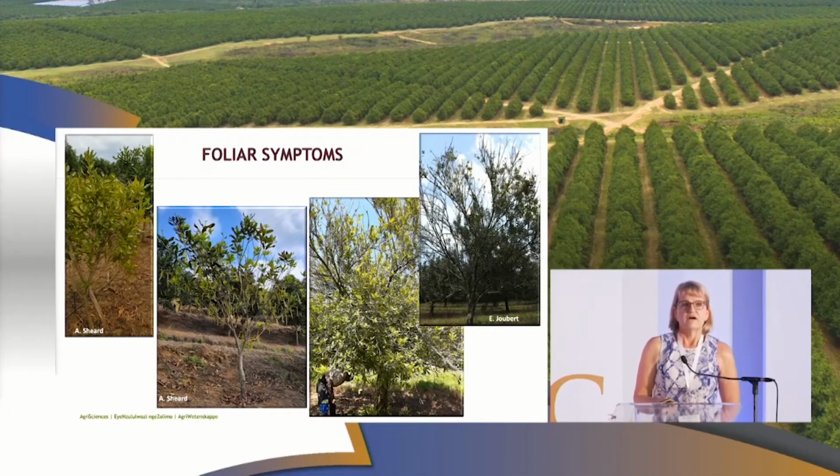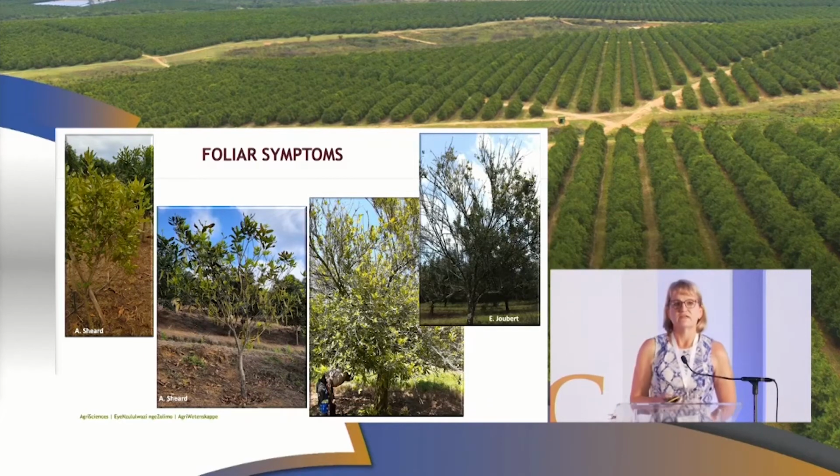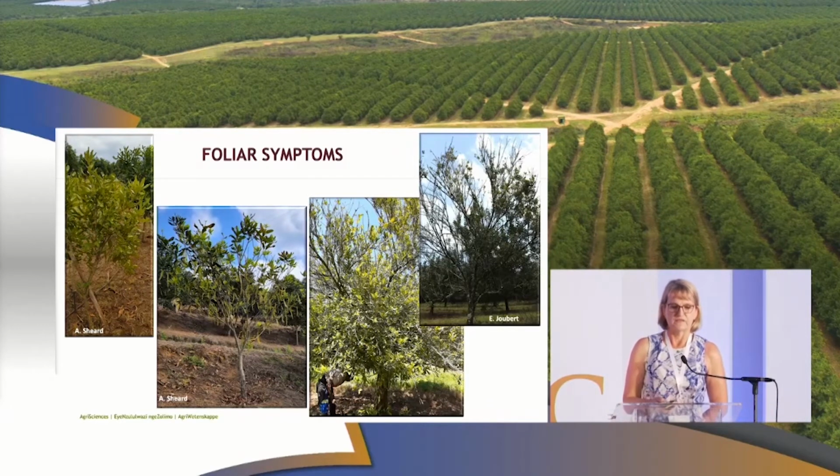Don't just go on foliar symptoms, but some characteristic, especially if you have root rot, is leaf abscission. So your canopy will get thinner and the leaves usually at the top of the twigs will fall off and start to die back. But then again, if you have a stem canker like on this tree, there will also be leaf abscission, but you will still have the leaves at the top of the tree.